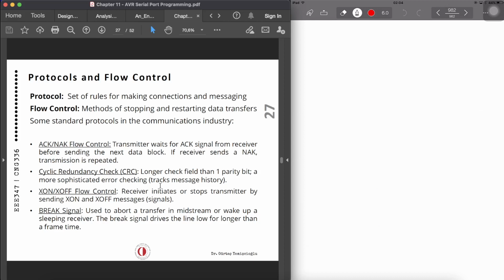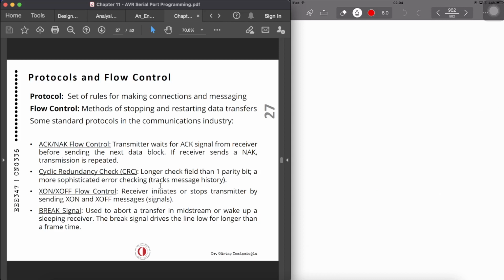Cyclic redundancy check, a longer check field than the one parity bit, so you can have CRC checks at the end of each package. It's more sophisticated error checking. It tracks message history and so on. XON, XOFF flow control: the receiver initiates or stops the transmitter by sending on and off message signals.